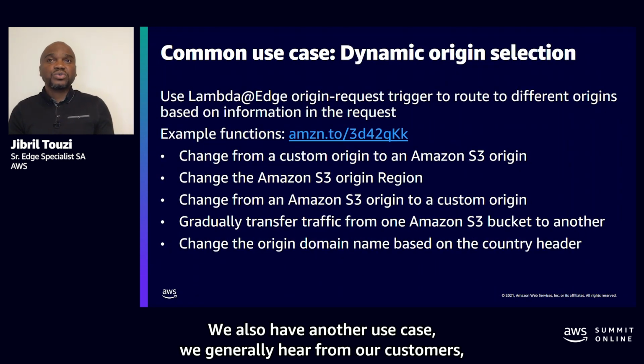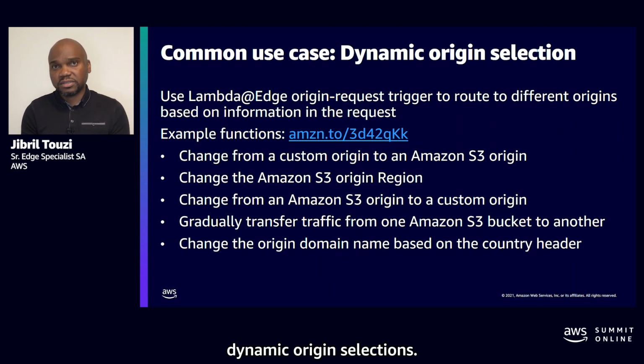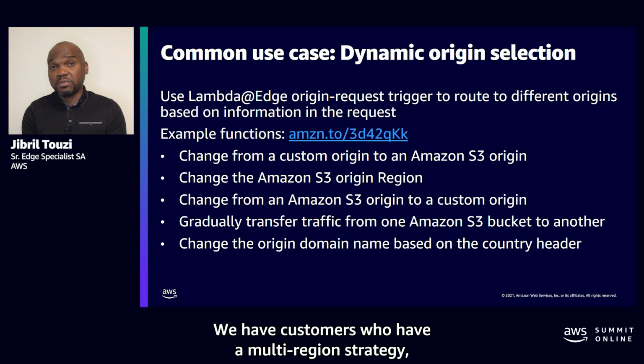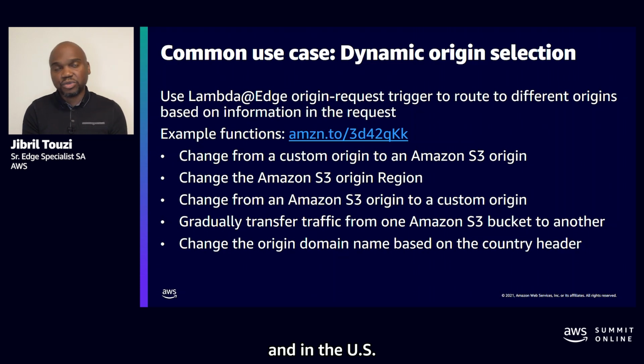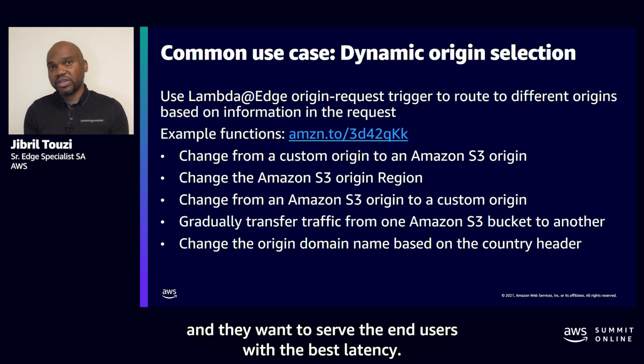We also have another use case we generally hear from our customers, dynamic origin selection. We have customers who have a multi-region strategy, with users, for example, in Australia, in Europe, and in the US. They have multiple origins, and they want to serve the end users with the best latency.